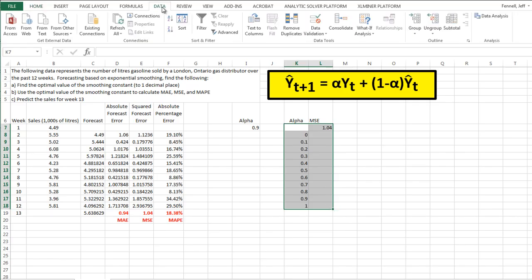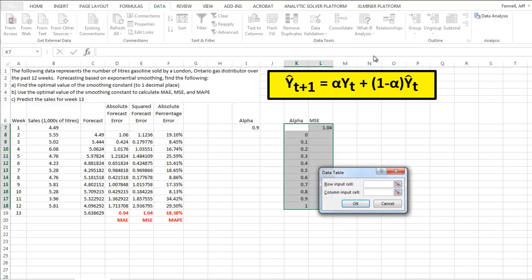Now we go to Data, What If. So here our values are in a table, so we want a data table. And because our values are in columns, we're going to put that we have a column input. So in this column input cell, this is the cell that I want Excel to replace with these values. So I want Excel to sub these values into this cell here.